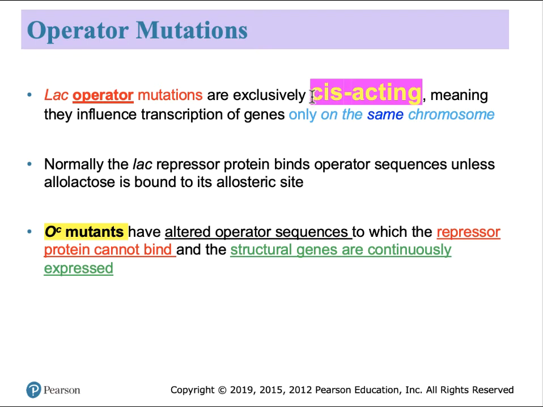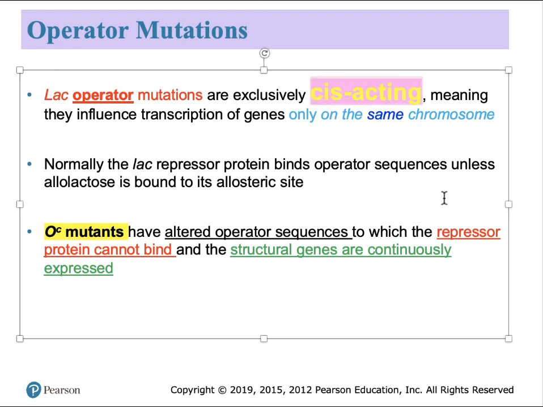So in that regard, we call those elements cis-acting. They can only affect the same chromosome on which they reside. So this is a general rule of genetics, that elements or regions of DNA are cis-acting, whereas proteins or factors are trans-acting because they can move in various directions.